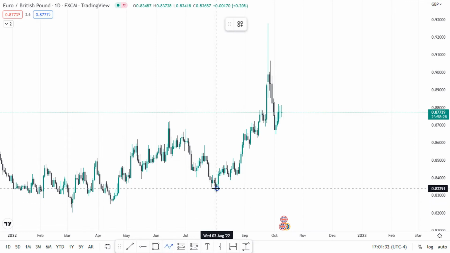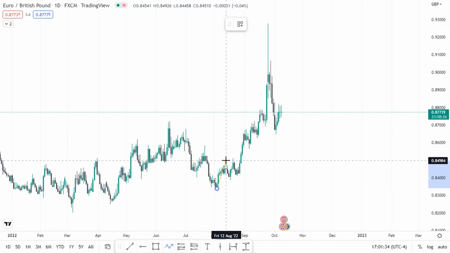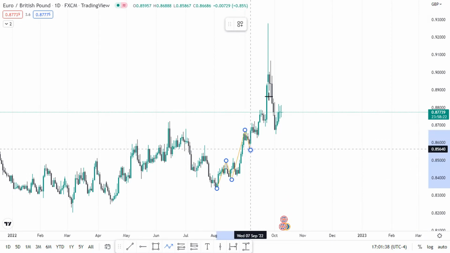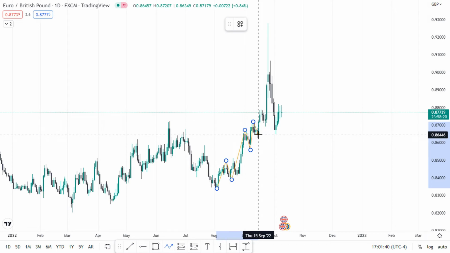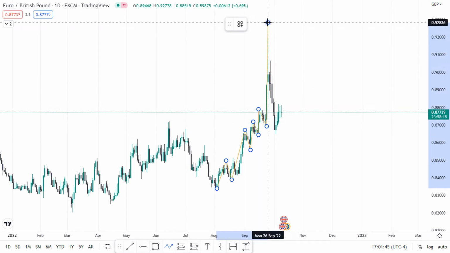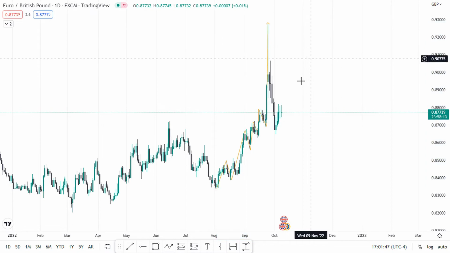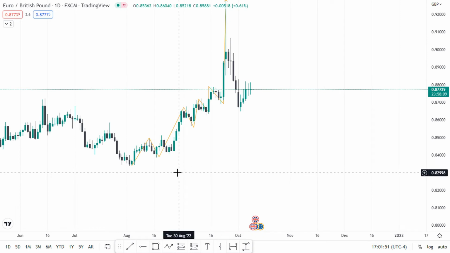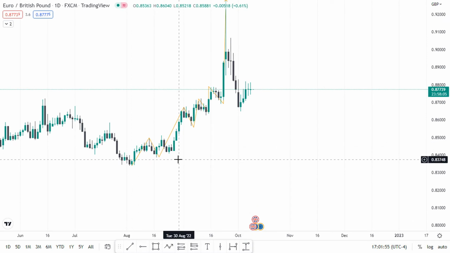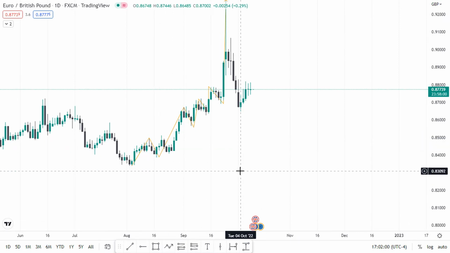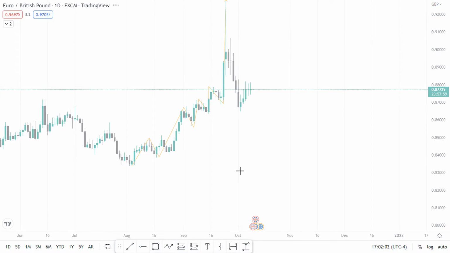So this becomes higher low, higher high, higher low, higher high, higher low, higher high, higher low, higher high, higher low, and then higher high. So typically that is how an uptrend looks also. So even in an uptrend, you know clearly price is going up, but price still has to make those downtrend retracements.